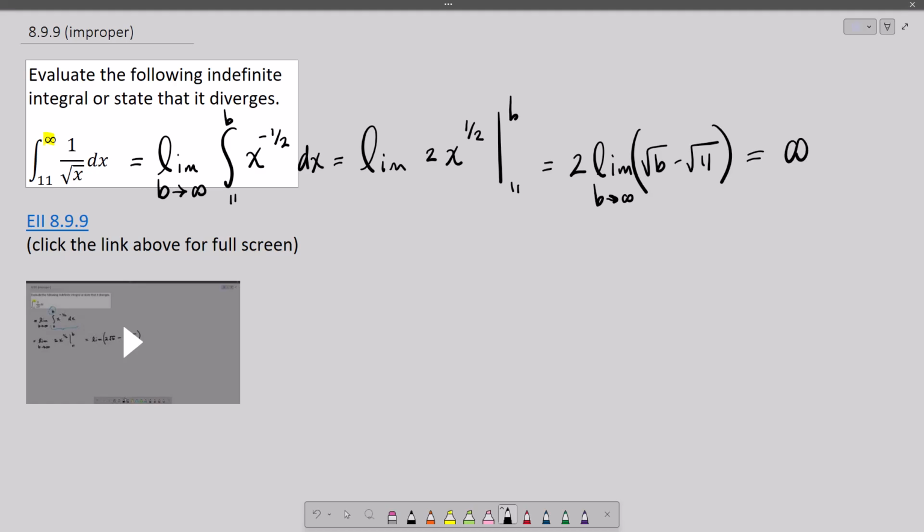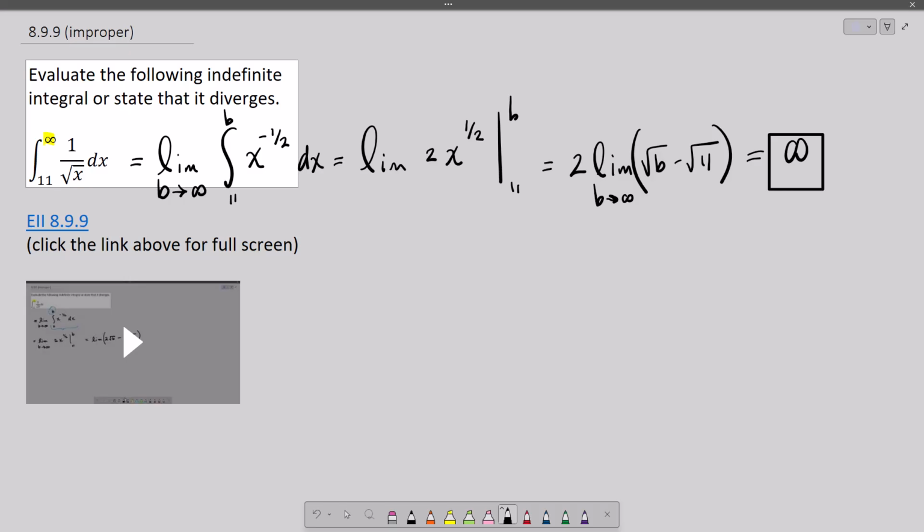It's true that DNE is correct, but you want to be as precise as you possibly can. This is a little more precise than just saying DNE. It's true that it doesn't exist. And does this match what we talked about in the worksheet with our threshold of x in the denominator? Yes.